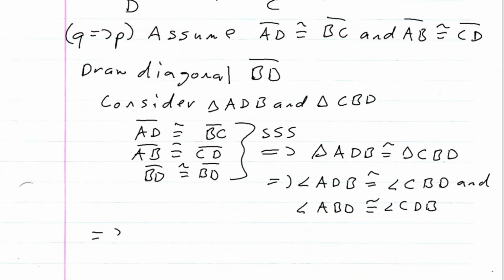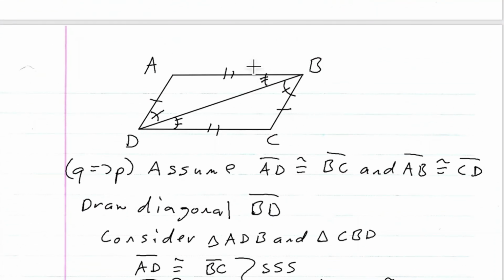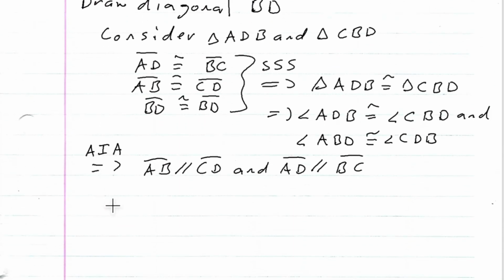So this implies by AIA, the alternate interior angle theorem, that AB is parallel to CD and AD is parallel to BC. And then, of course, if we have a quadrilateral where the opposite sides are parallel, this means that ABCD is a parallelogram.